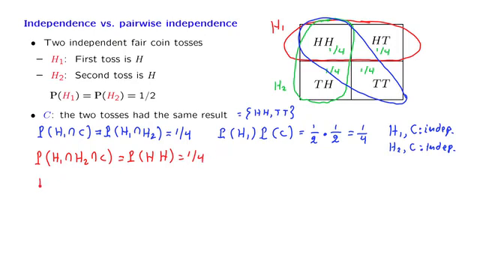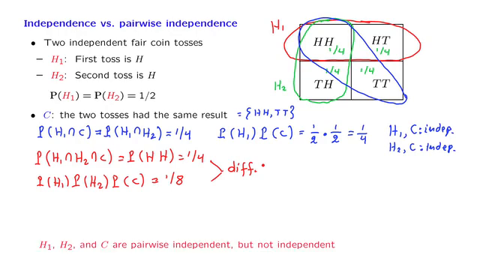On the other hand, if we calculate the probability of H1 times the probability of H2 times the probability of C, we get 1/2 times 1/2 times 1/2, which is 1/8. These two numbers are different, and therefore one of the conditions that we had for independence is violated.